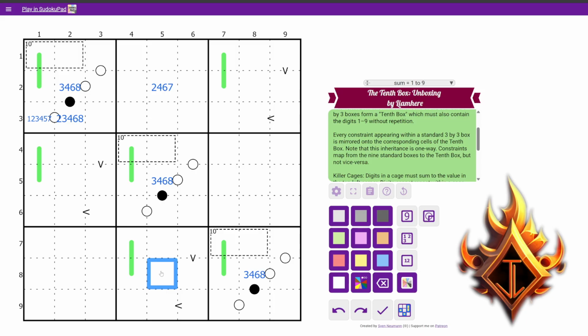This is going to be even though, isn't it? Because, oh, it can be 3. It can be 2, 3, 4, 6, 8.